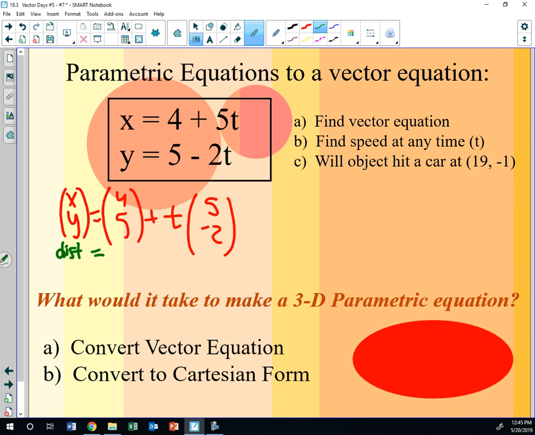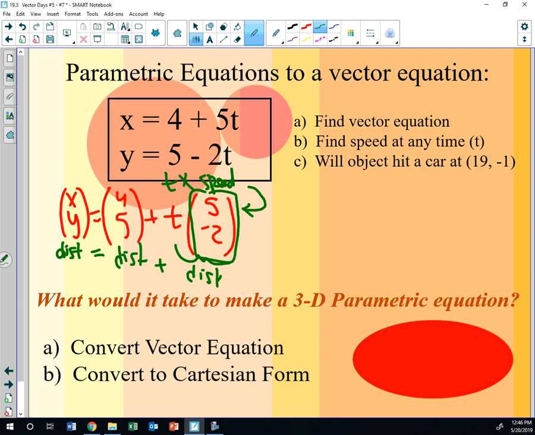What's 4, 5? A distance. What does that make t times 5 negative 2 to be? What does this whole thing have to be? A distance. But since there's time times what is going to give you distance? Speed. All right. This thing here is the speed.